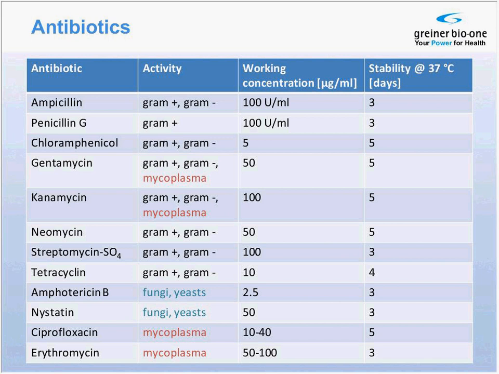You see a range of antibiotics, and one should note the working concentrations and the stability of the respective antibiotic under culture conditions, especially at 37 degrees. This means that the antibiotic has to be replaced mostly every phase, basically.